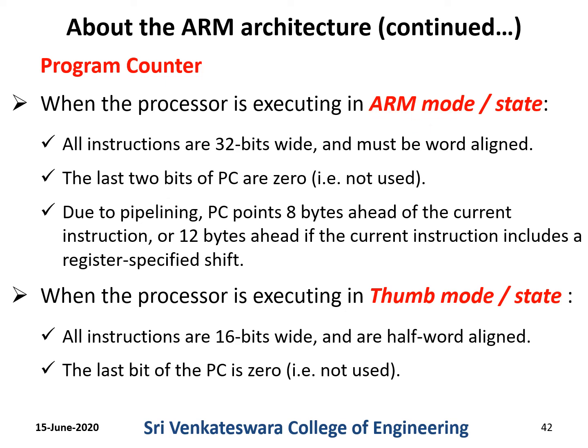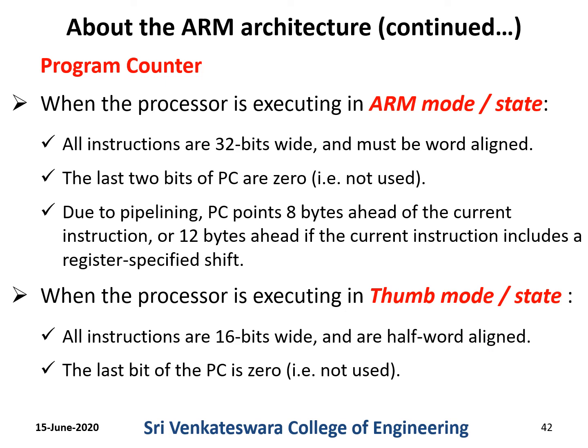If the program counter content is changed in such a way that the last bit of the program counter is 0, then the processor is switched to the thumb mode, because in half word aligned instructions, the least significant bit alone will be 0.